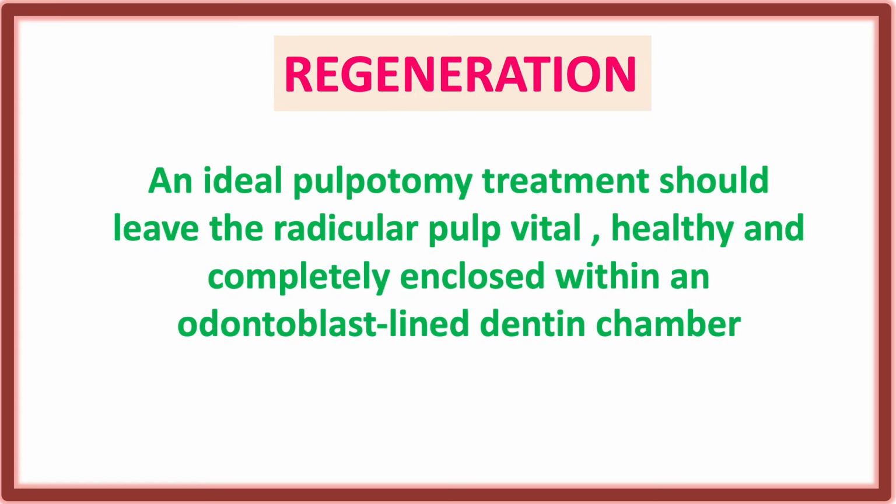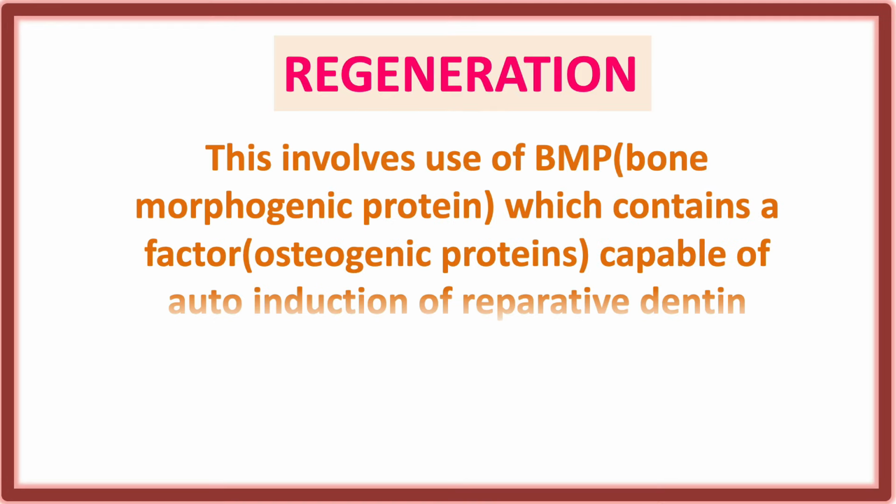An ideal pulpotomy treatment should leave the radicular pulp vital, healthy, and completely enclosed with an odontoblast lined dentine chamber. Ideally, we should leave the radicular pulp in case of pulpotomy so that vitality of the pulp remains maintained.